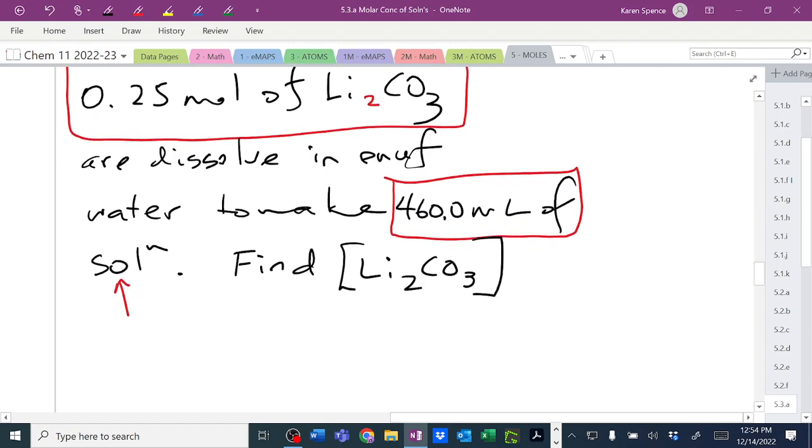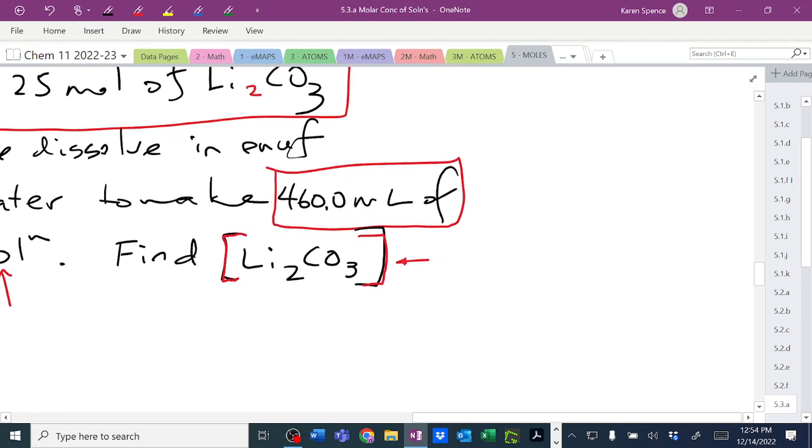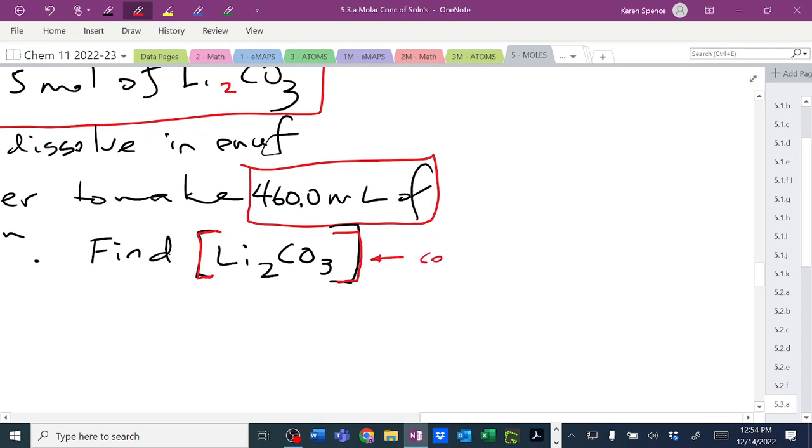What do we mean when we say square brackets Li2CO3? What does that mean? Concentration in what unit? Moles per liter.